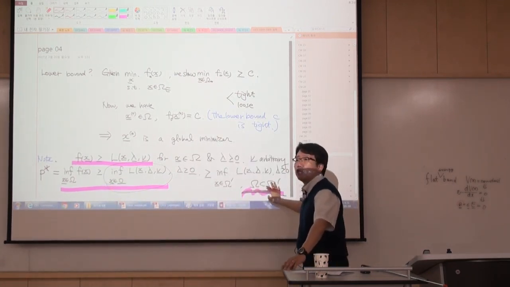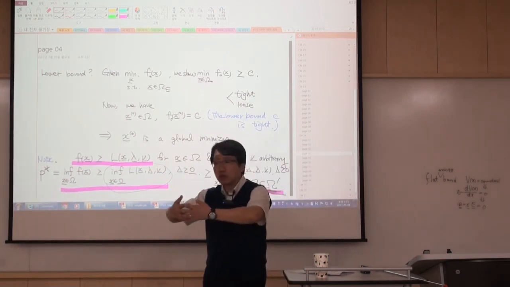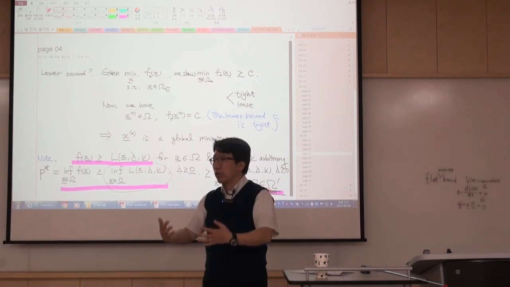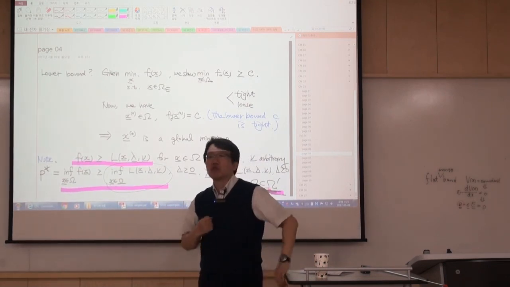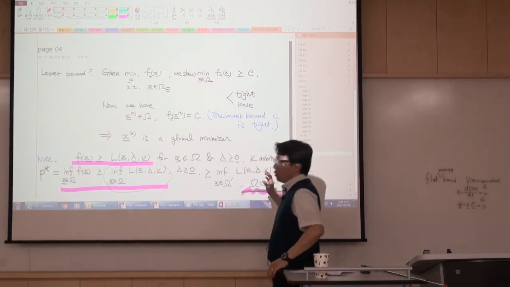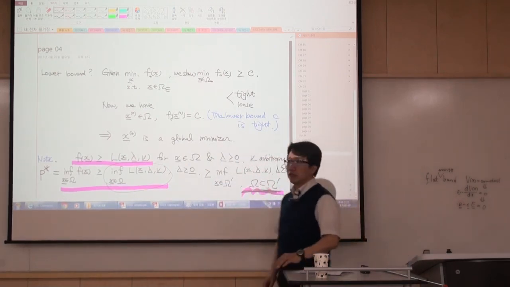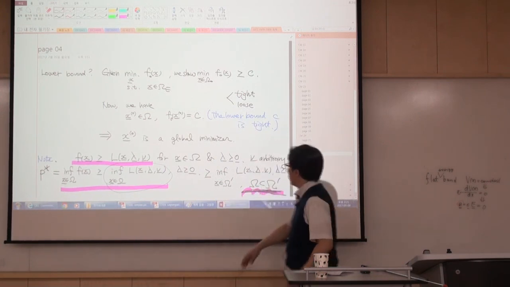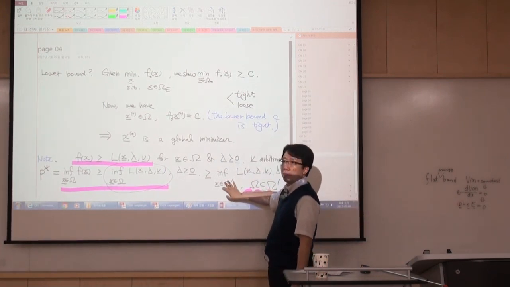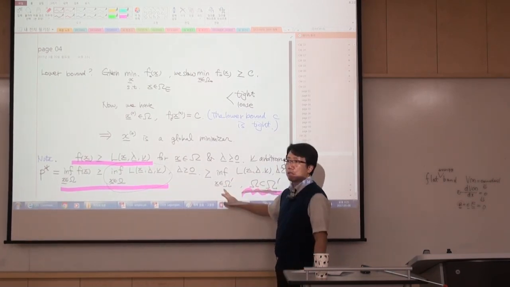By the way, you can use some other omega prime, some other superset of omega. It depends on your choice. So actually, the dual function, the Lagrangian dual function, is not uniquely defined. It depends on your choice of omega prime. Because if you change this, the function changes.